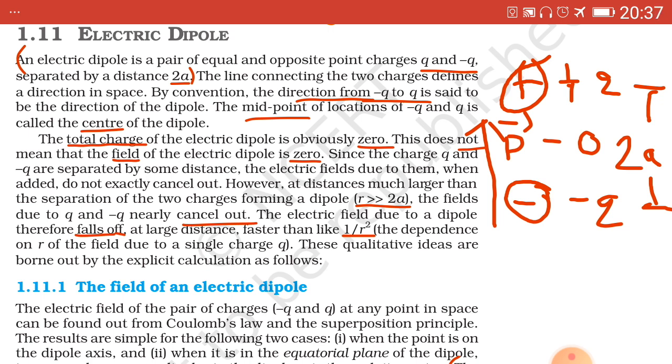If the angle theta between the small area element and the electric field lines is greater than 90 degree, then electric flux will be dash.